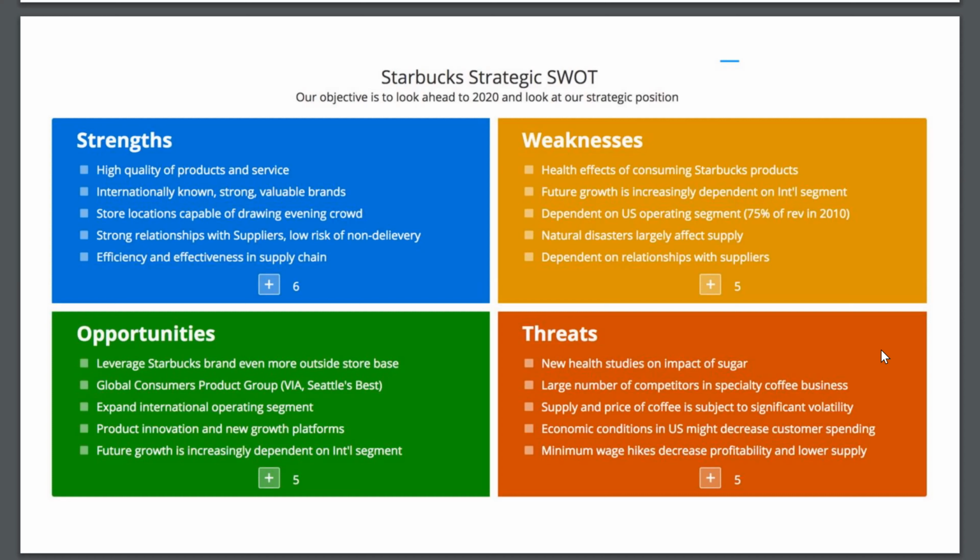And then another thing you can do with this: the S and the W, strengths and weaknesses, are on the top.